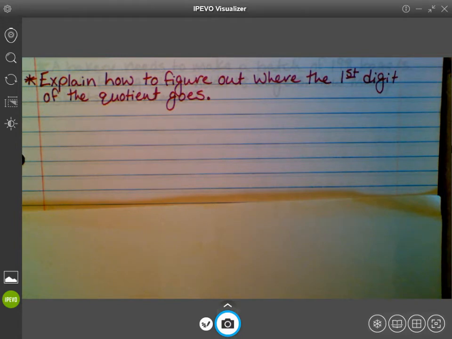The quotient, remember, is Q-U-O-T-I-E-N-T. Thumbs up when you have that written down. Explain how to figure out where the first digit of the quotient goes.